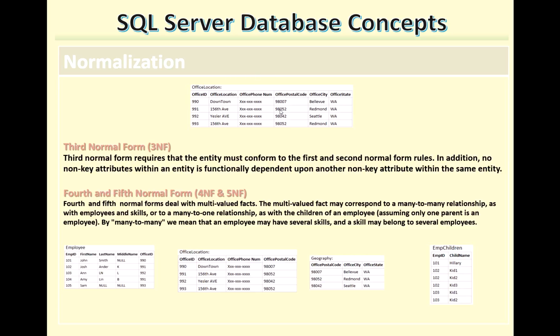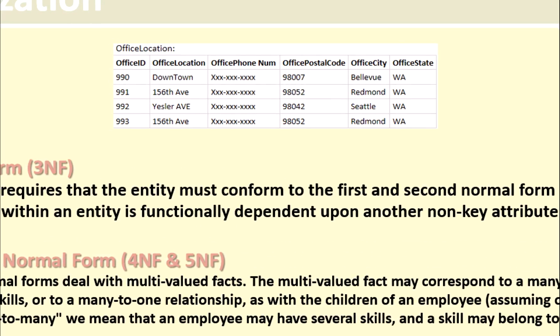If you compare before and after third normal form, for the 991 office in Redmond and the 993 office in Redmond, we are maintaining duplicate information in two rows.